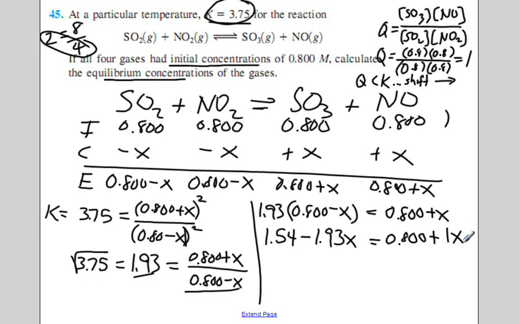Now just bring your x's to one side, bring your numbers to the other side, and we'll be almost done. I'm going to bring my x's to the right, and I'm going to bring the numbers to the left. So I'm going to subtract 0.8 from both sides. 1.54 minus 0.8 gives me 0.74.